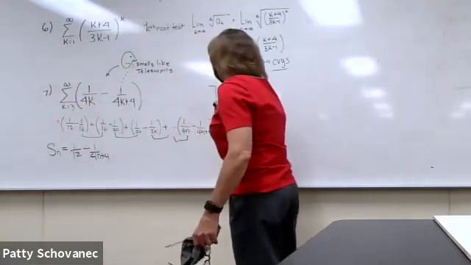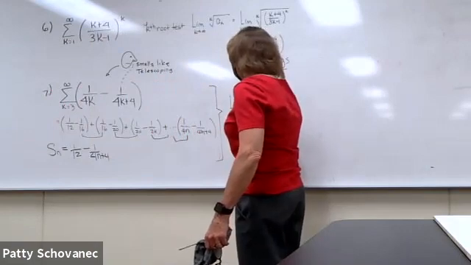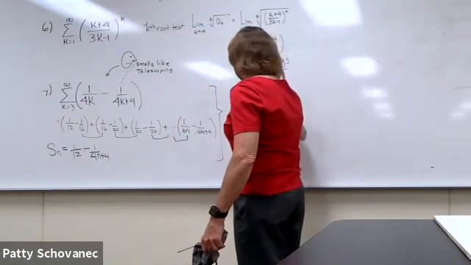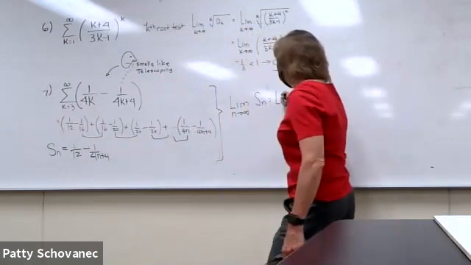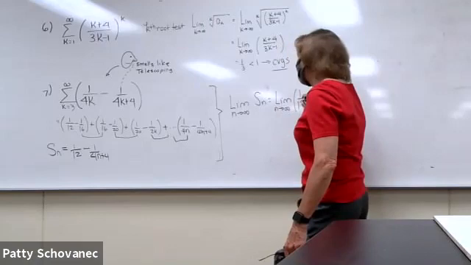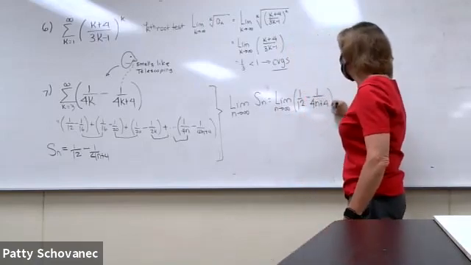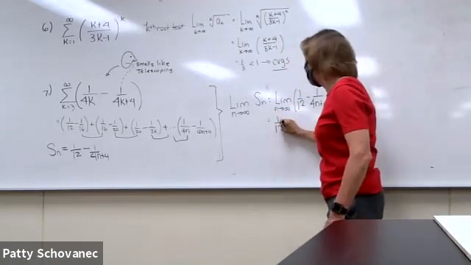So I put these two together and look at the limit as n goes to infinity of my nth partial sum. And I get a finite limit.